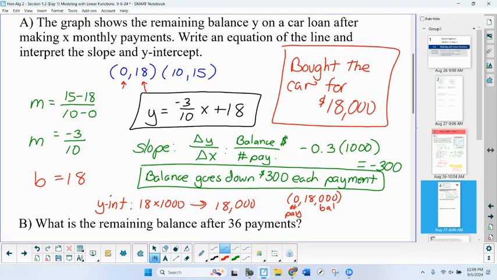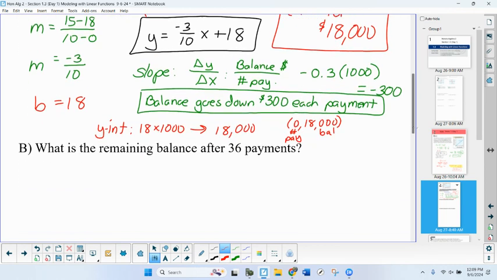What is the remaining balance after you make 36 payments? Well, payments, is that X or Y? X. So I'm going to go into my equation, and where I see X, I'm going to plug in 36.